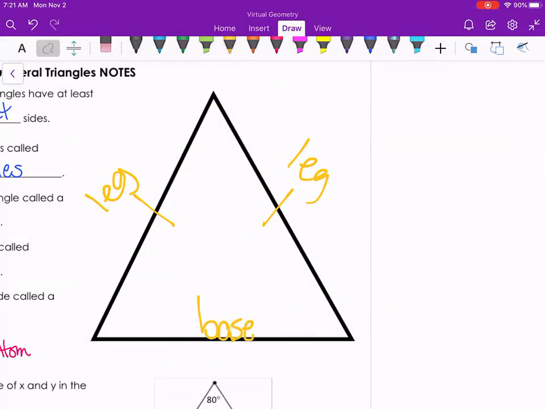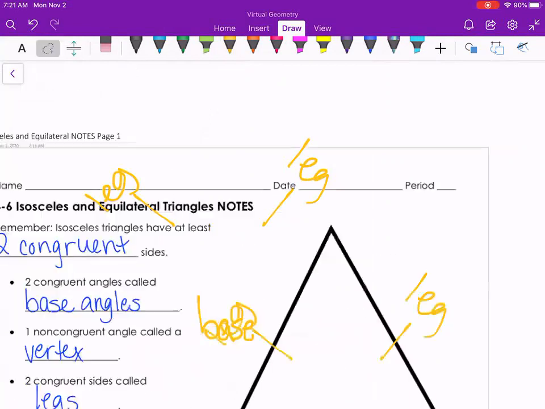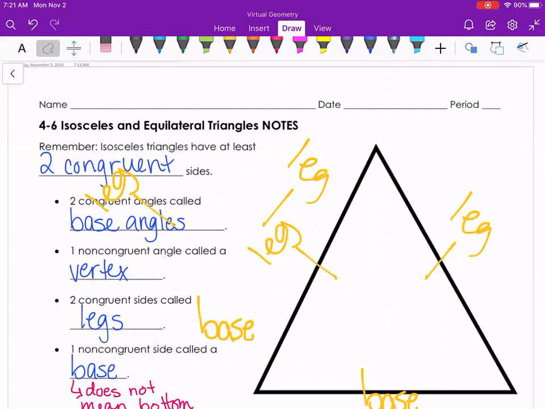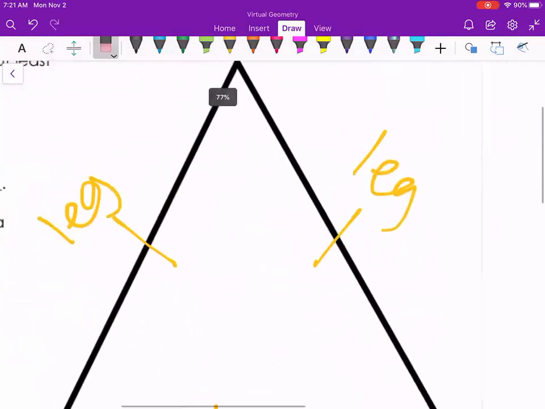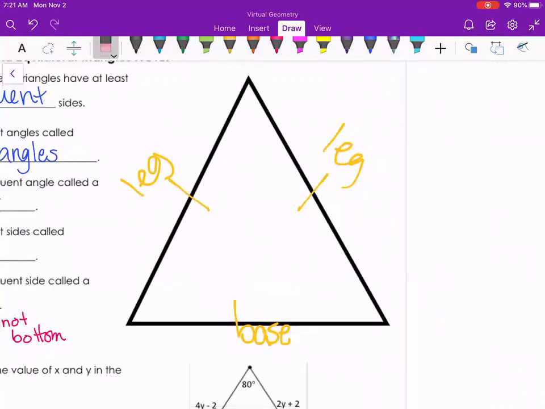And I'm actually going to move that down. Sorry, let me get the triangle back up here. Now let's look at your angles. Because the two congruent angles are called base angles, let's take a guess of where they might be.